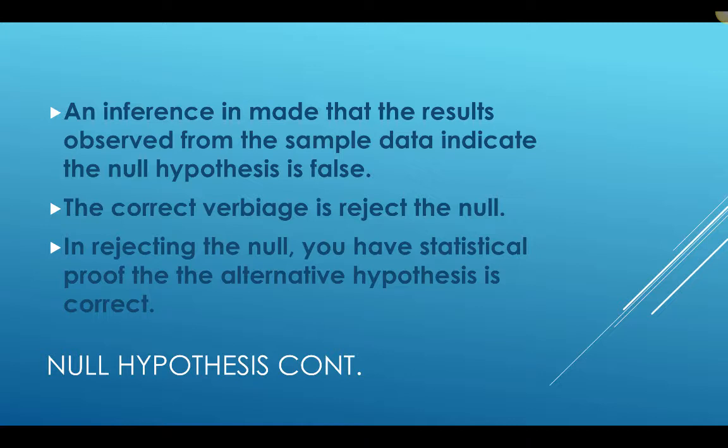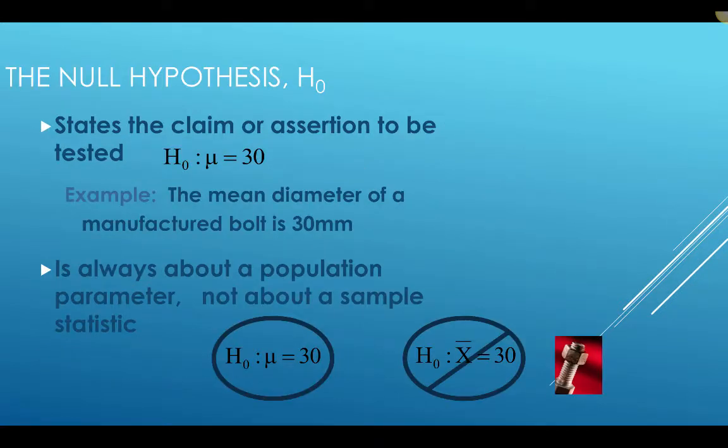So let's give you an example of just basics on setting up your null hypotheses. This is one with an actual number. We're looking at the diameter of a manufactured bolt at 30 millimeters. An opposite example of this would be if we're testing college students and their perceptions of the homework they're given.